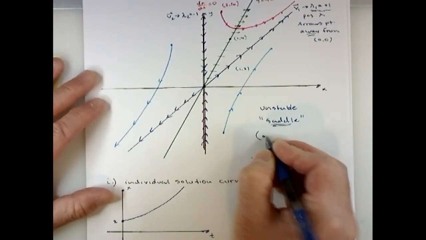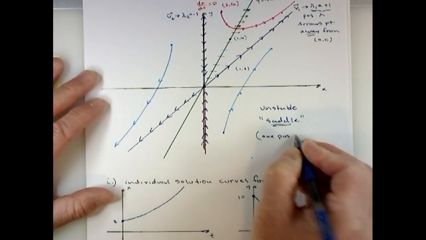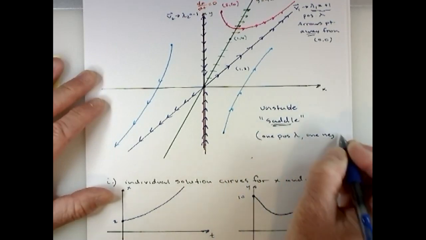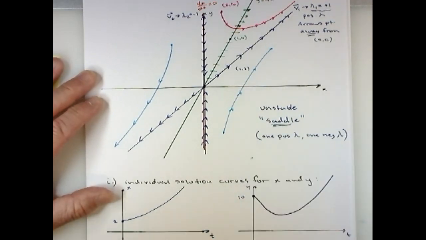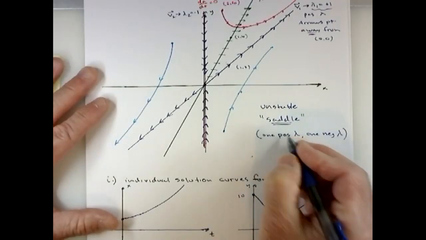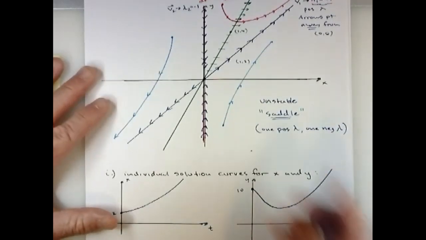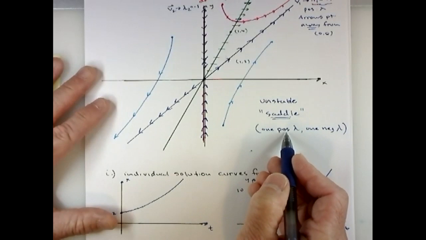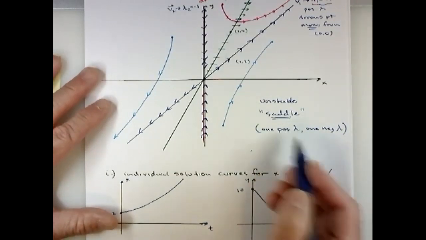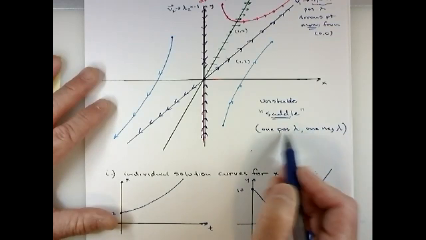If I have 1 positive lambda and 1 negative, I'm always going to get a saddle. If you were here on Wednesday, we had one where they were both positive, and that was called a source. And then the third scenario is if both of your eigenvalues are negative.